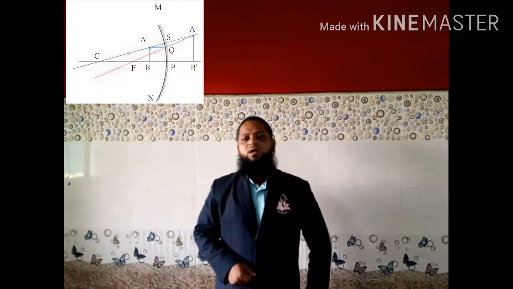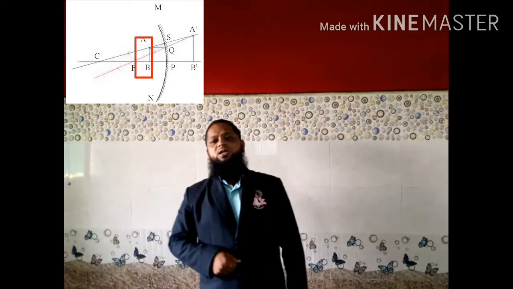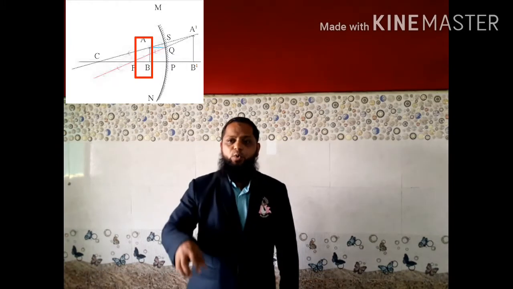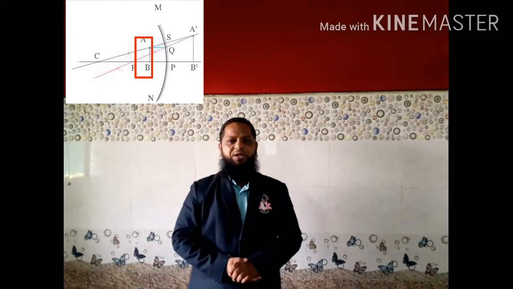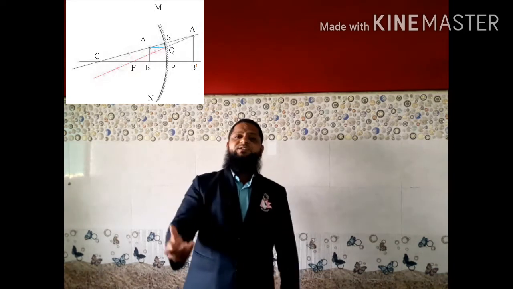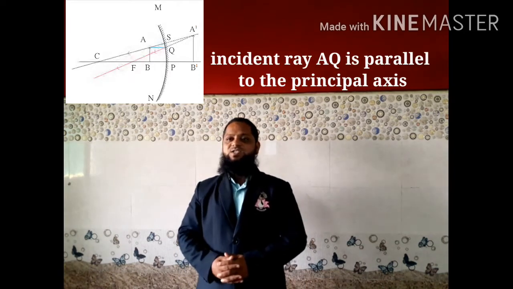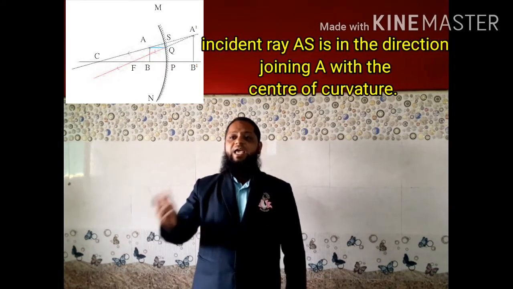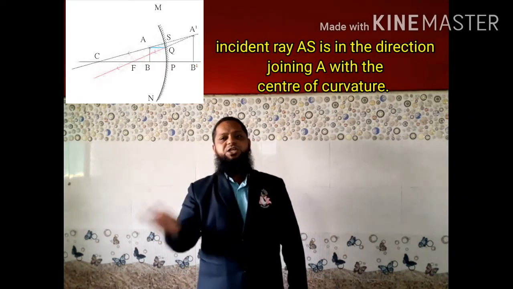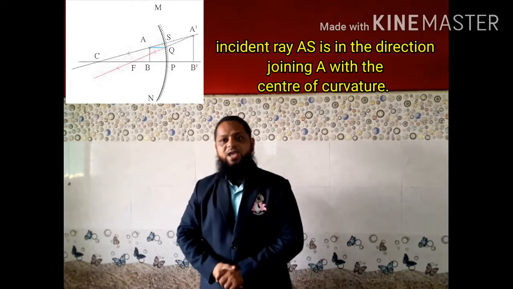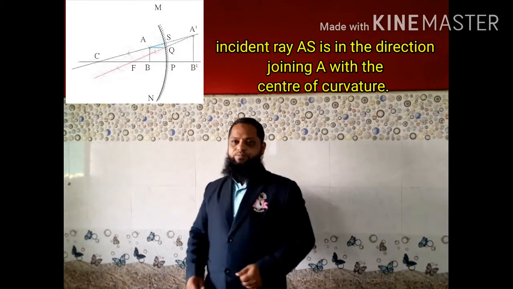In this figure, object AB is placed between the pole and the focus of the mirror. The incident ray AQ is parallel to the principal axis and the incident ray AS is in the direction joining A with the center of curvature.